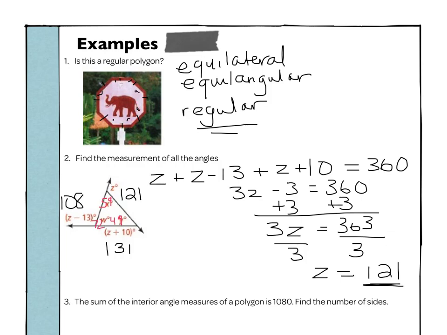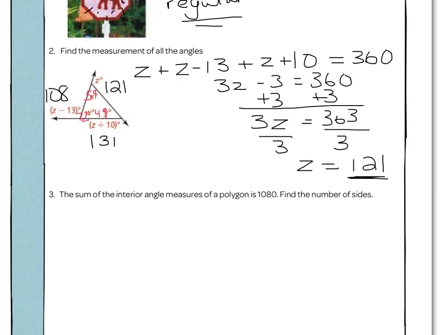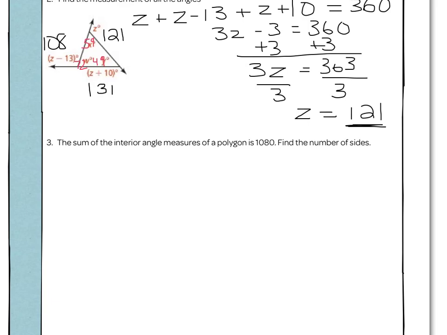Okay. Now we want to move on to our last problem, which is the sum of the interior angle measures of a polygon is 1080. Find the number of sides. So we know the number of sides of a polygon minus 2 times 180 will give us the total sum of the interior angles. So now we just want to multiply using algebra here.